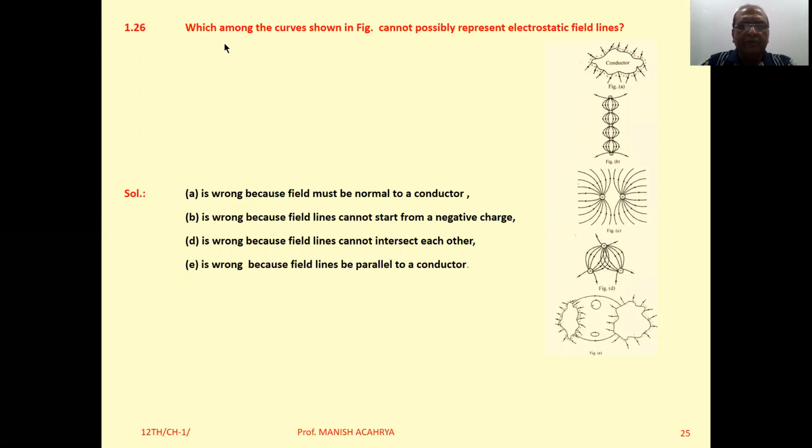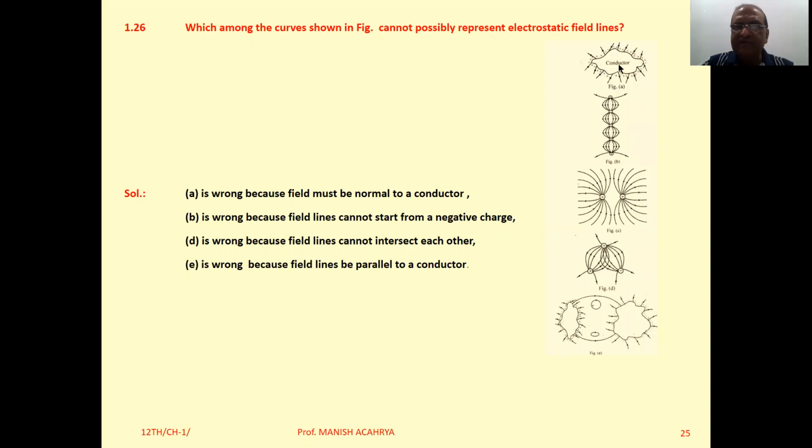1.26. Which among the curves shown in figure cannot possibly represent electrostatic field lines? Now see figure A. So we already studied about the electrostatics of conductors. In that we discussed this thing, electric field at each and every point on the surface of the conductor is normal to the surface.